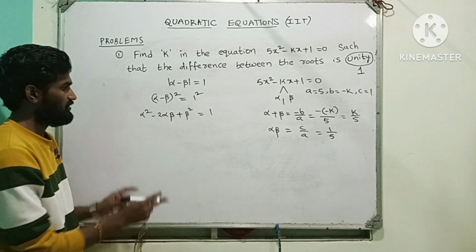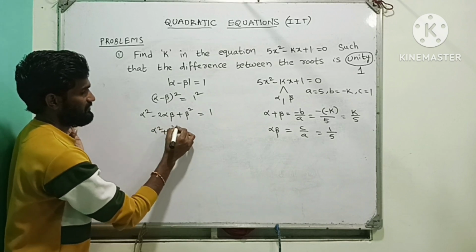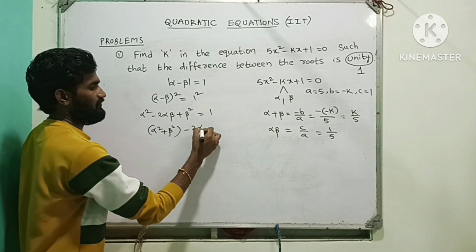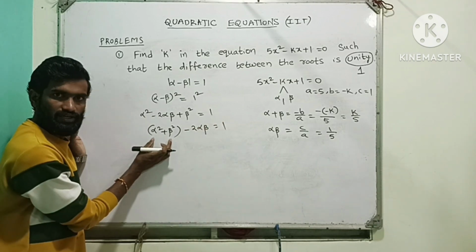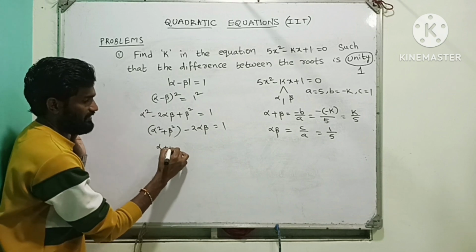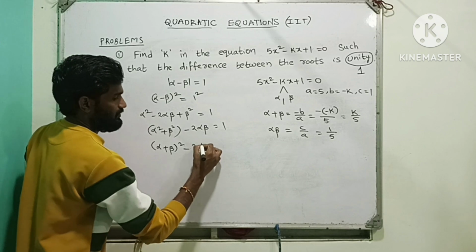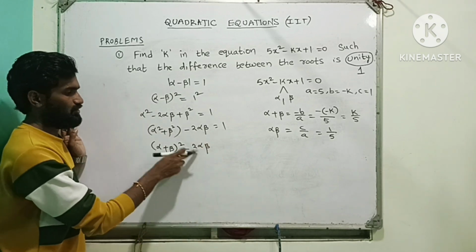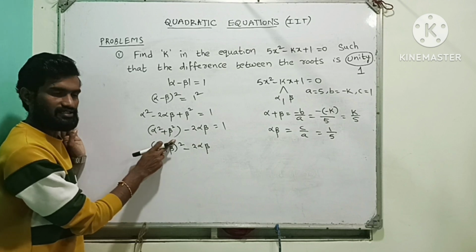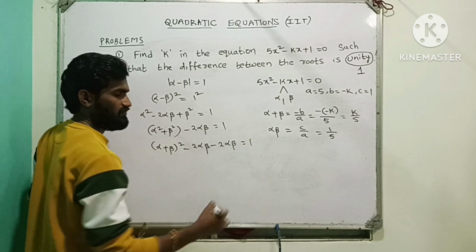Now I write alpha square plus beta square as a pair, minus 2 alpha beta, equal to 1. A square plus b square can be written as a plus b whole square minus 2ab. So we have one more 2 alpha beta, equal to 1.